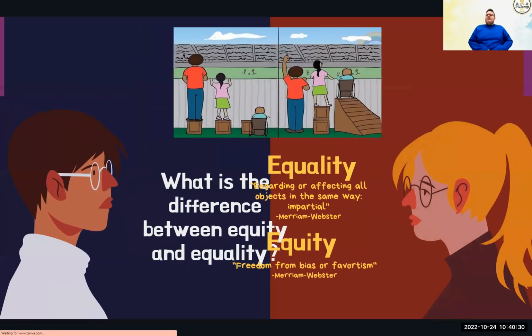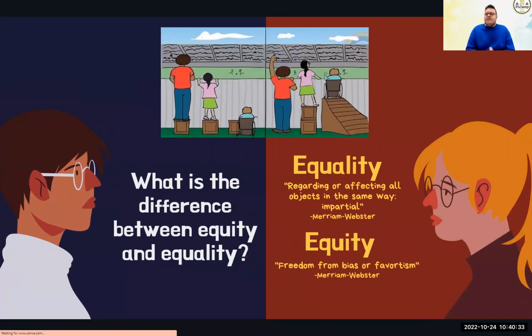So the first thing we're going to do is talk about the difference between equity and equality. In Merriam-Webster's dictionary, equality is defined as regarding or affecting all objects in the same way, impartial. Equity is defined as freedom from bias or favoritism.